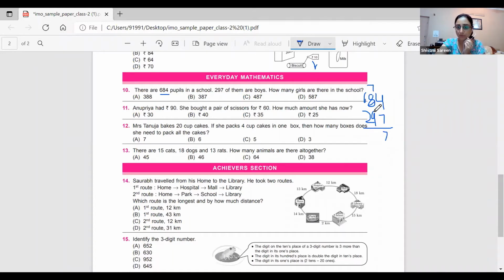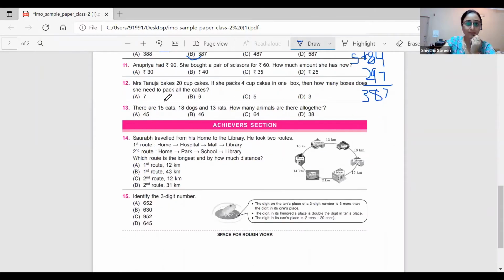Now we cannot subtract 9 from 7, so we will take the borrowing. So it will become 17 and this will become 5. So 17 minus 9 is 8. Here now we are left with 5. 5 minus 2 is 3. So 387 is the correct answer. So option B is the correct answer. Moving on to the next question.